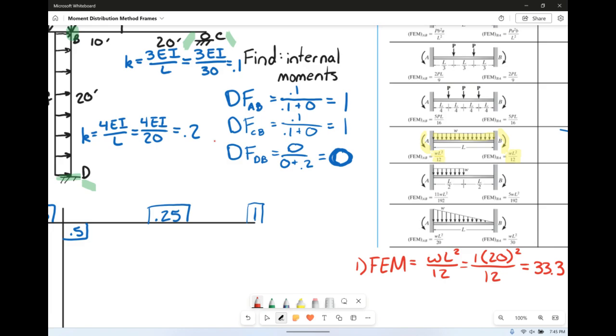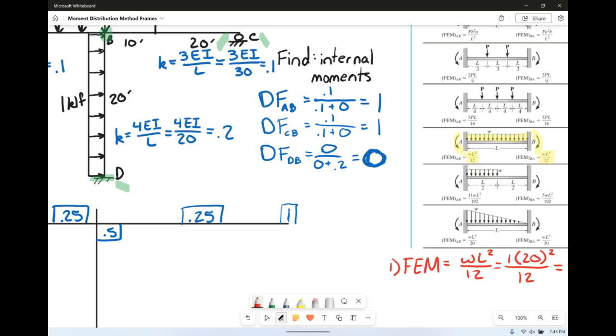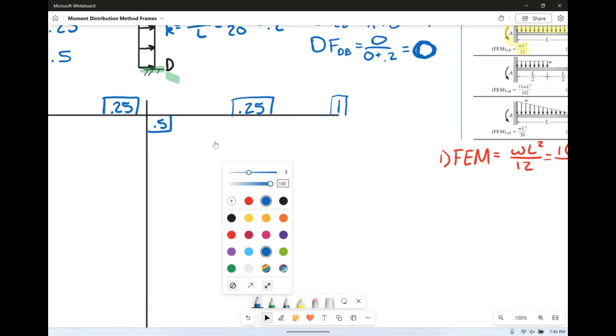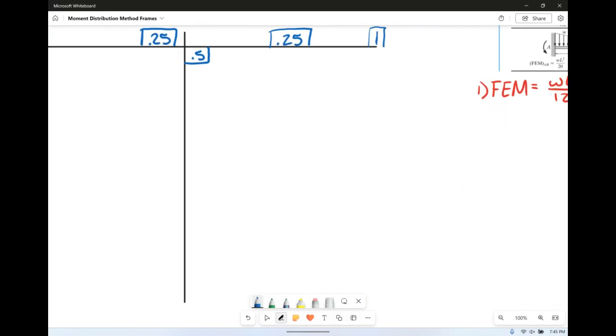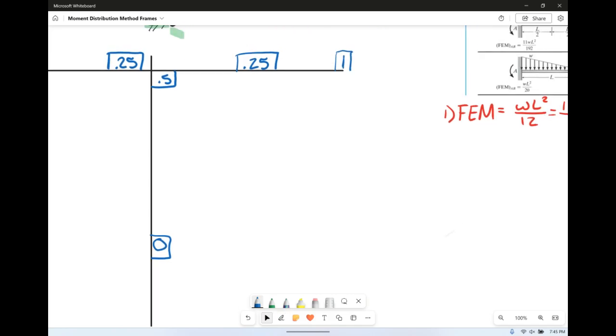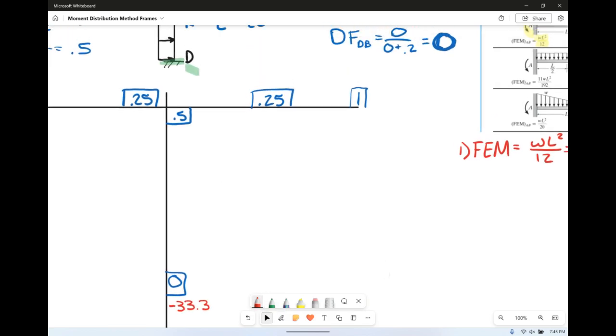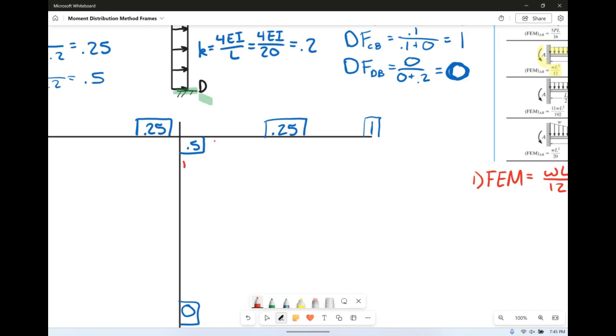On the A side of things, A is going to be actually at D, if you rotate that picture in your mind. And we forgot to put D on our little chart over here. D is going to be back here at the bottom. So D is going to be the A side, and the A side we said was negative. So it's going to be down here, negative 33.3, and at the B side it's going to be positive 33.3.